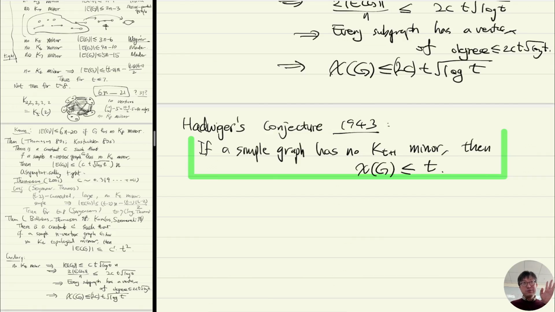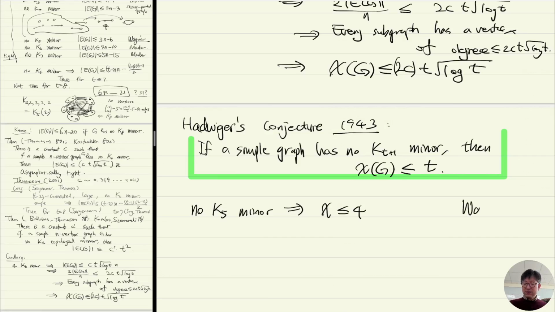You can easily prove that there is a vertex of degree at most 2, and you delete it and apply induction. So you can show that the chromatic number is at most 3. If you don't have a K_5 minor, right, then the chromatic number is at most 4.